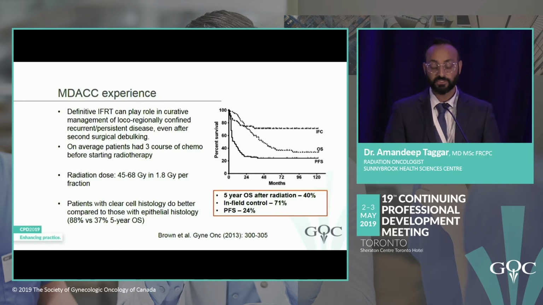And they did find that the patients had a long overall survival of up to 40%, and these are the patients who've failed multiple lines of chemotherapy. And when they looked at in-field recurrence or control, 70% of these patients were controlled where the radiation was delivered.